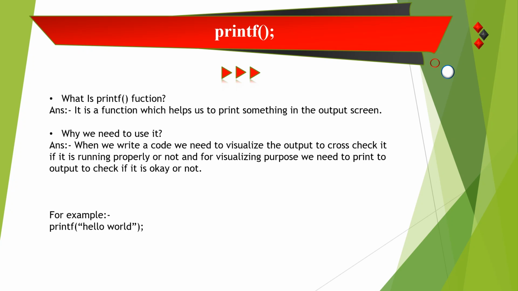And if we want to print a variable, then we can skip the quotes. It's like that. So it is a way to write our program. And one last thing, that there is also a semicolon in the end of that line to tell the C programming compiler that the line has ended. So you can move on to the next line, or you can start reading from the next line.